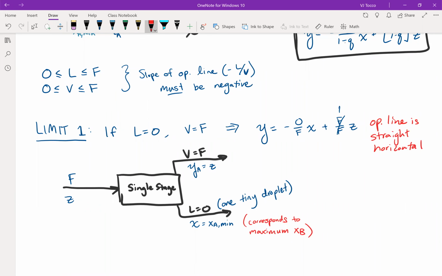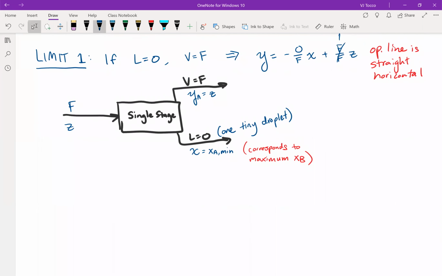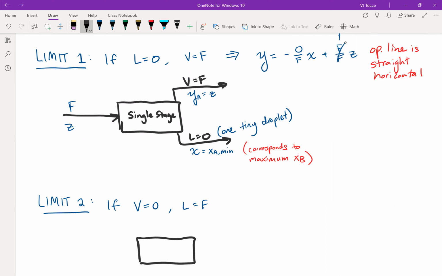Let's go over to the other limit now, and now say that V is equal to 0. So limit 2: if V is equal to 0 now, then L must be equal to F, and we haven't done very much vaporizing anyway. So here, once again, we're not actually literally evaporating nothing.